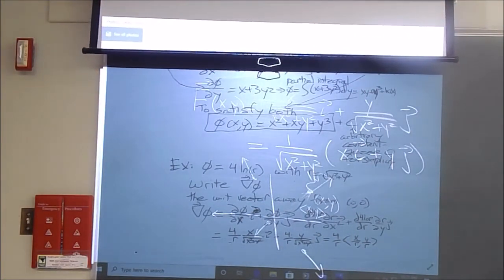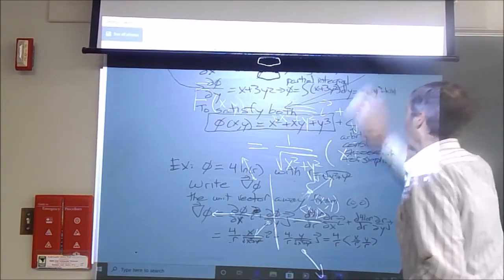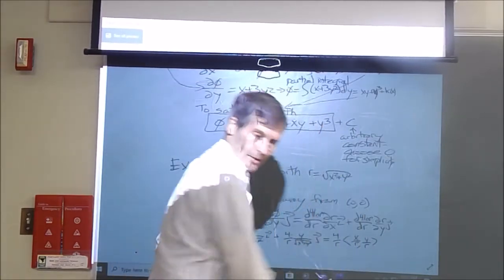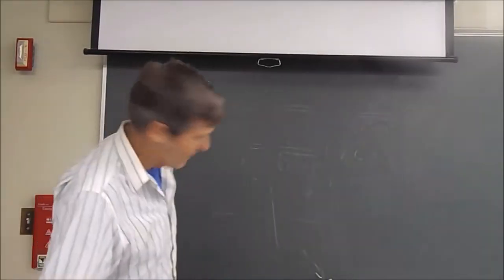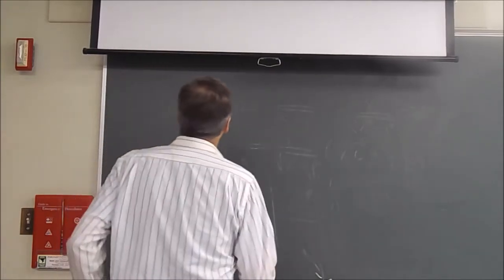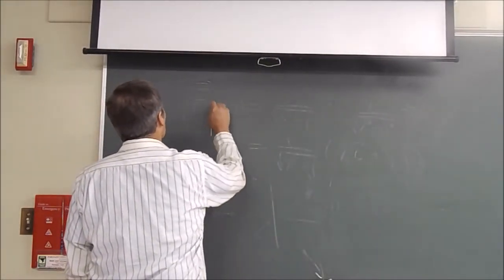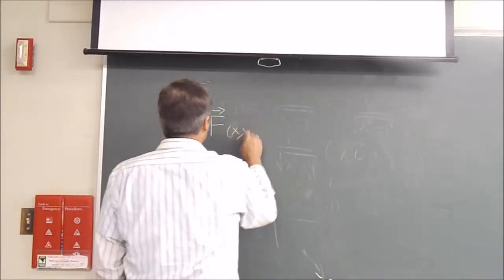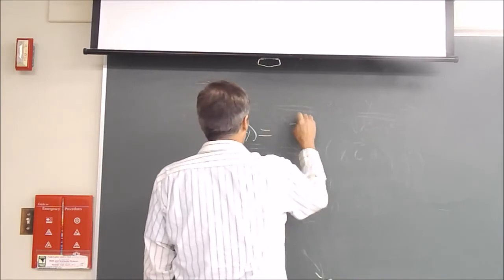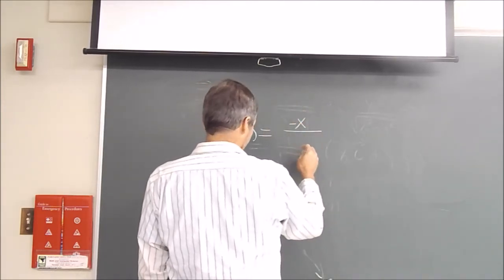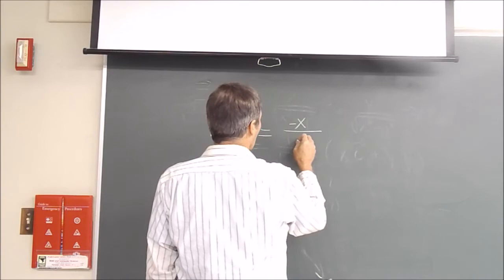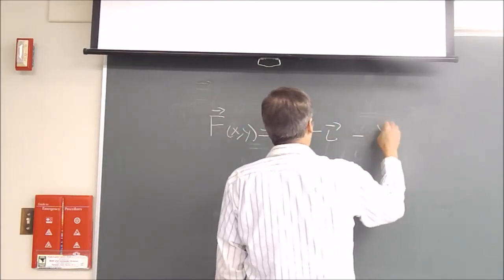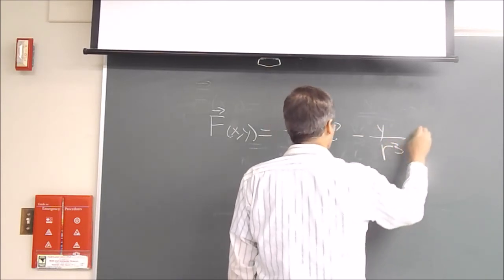Of particular use is this inverse square law. If you see a vector field like this, f of xy equals minus x over r cubed i minus y over r cubed j.